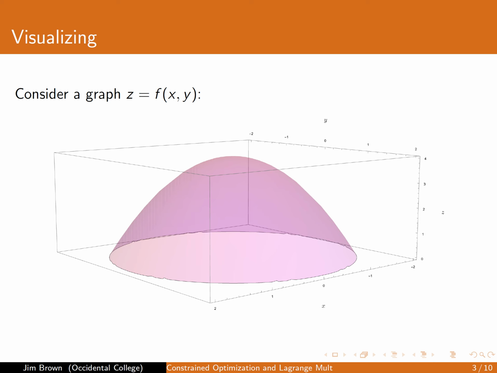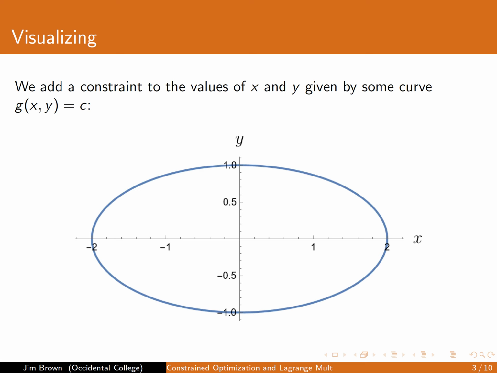But what we're interested in is what if we have constrained values that we can have for x and y? Maybe we have some curve, g of x y equals c, and in this case we're looking at an ellipse in the x y plane. The only values of x and y we're allowed to consider have to be on this curve, in this case on this ellipse. Any other x and y's won't work for our problem.